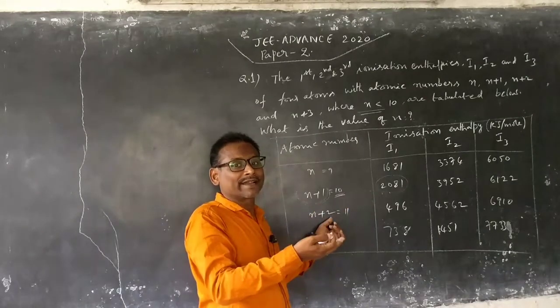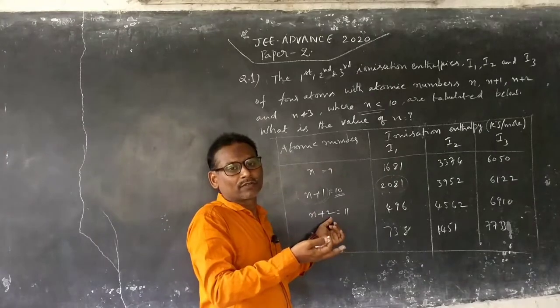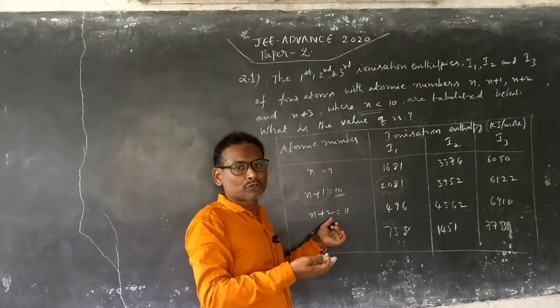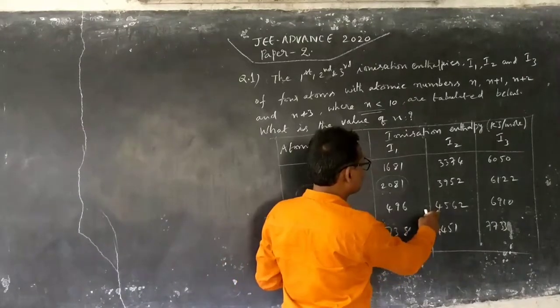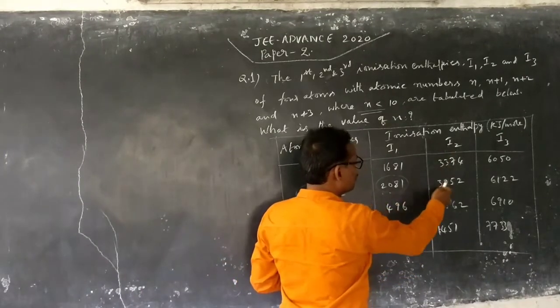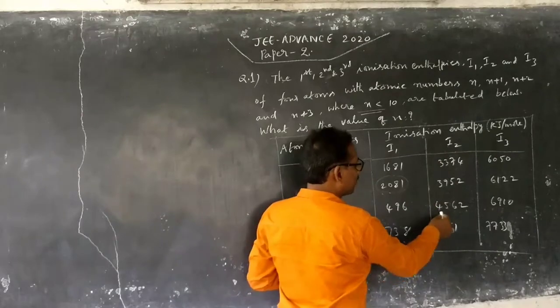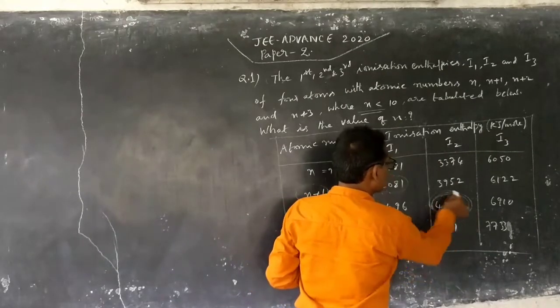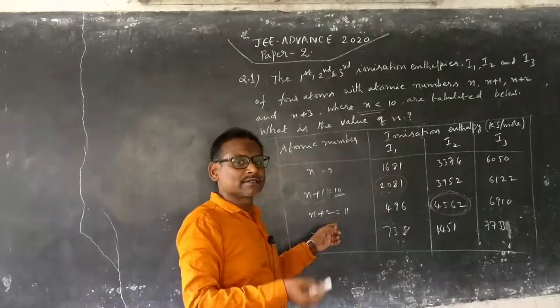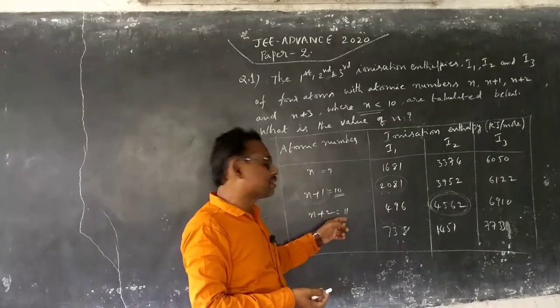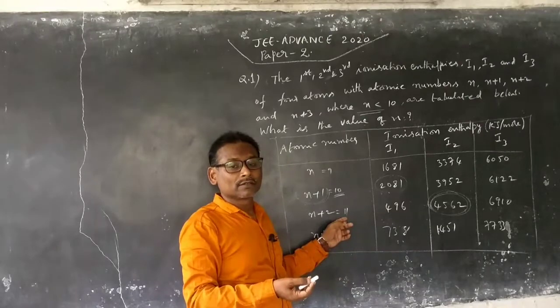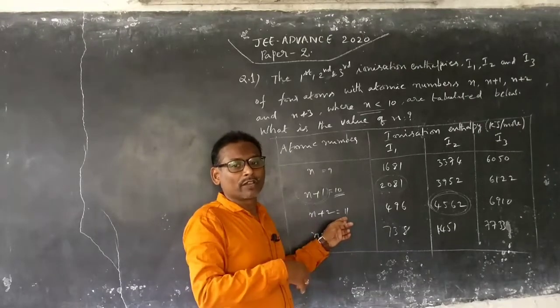That means removal of the second electron is very tough, so the second ionization enthalpy is supposed to be high. If you look at the second ionization enthalpies for all four elements, it is found to be highest for n plus 2 equal to 11, and that means our guess is acceptable.